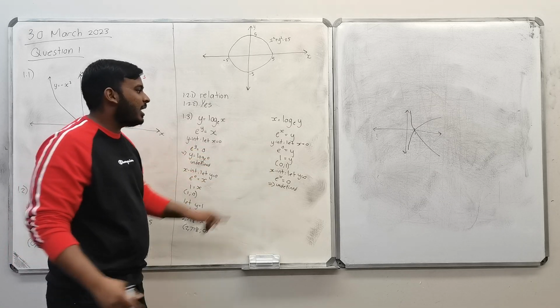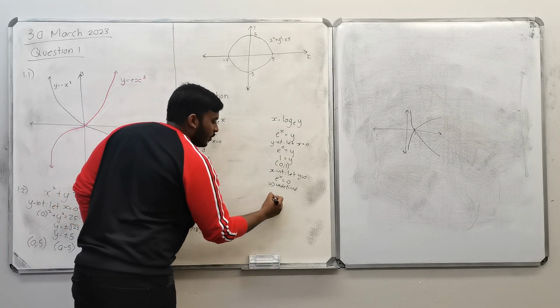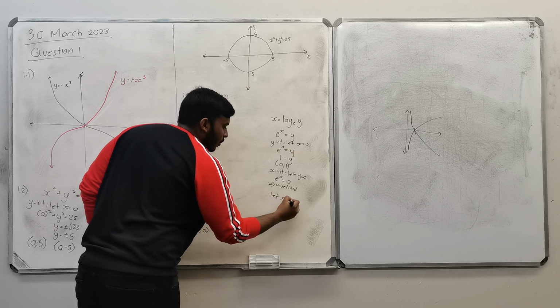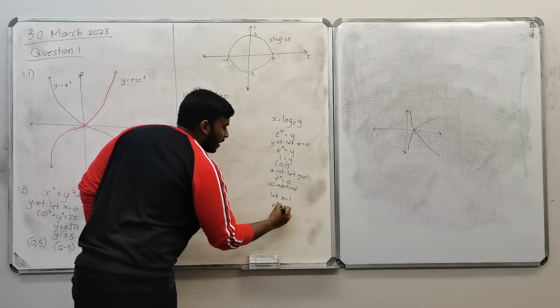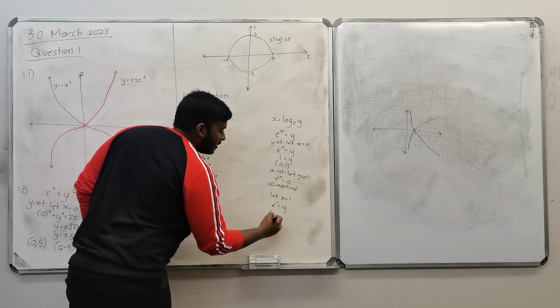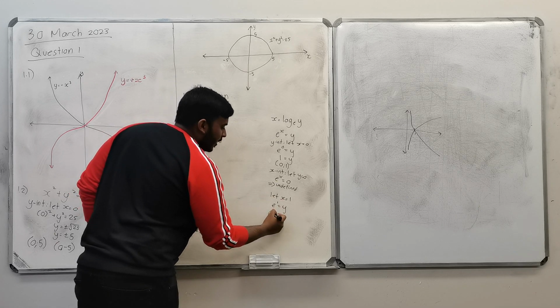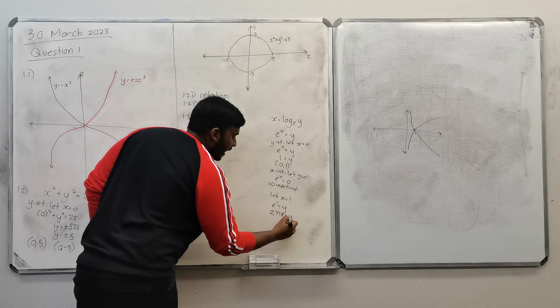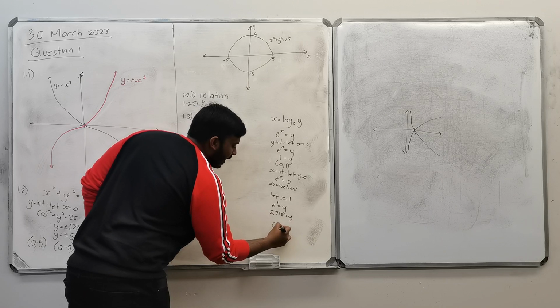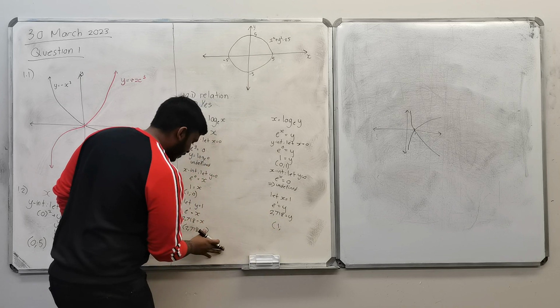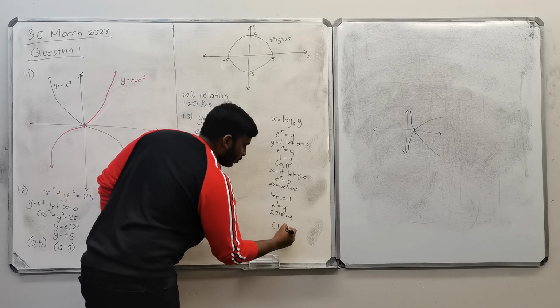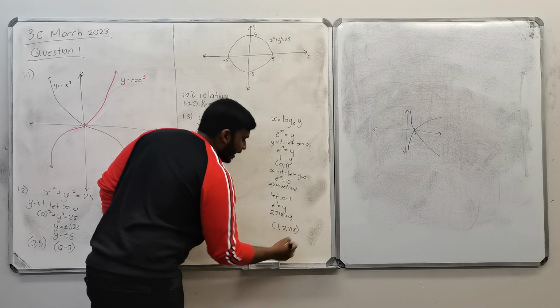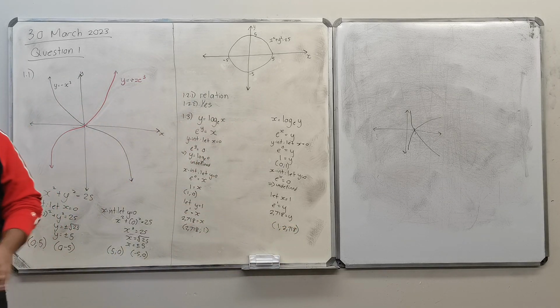So we're going to say here let x equal to 1. So you're going to get e to the 1 is equal to y, and this would be 2.718 equal to y, and then you have 1 and 2.718. So now for both graphs we got two coordinates, we can plot it, right?